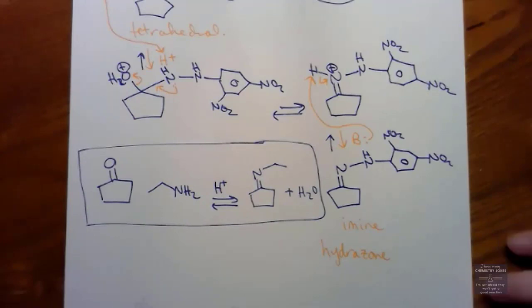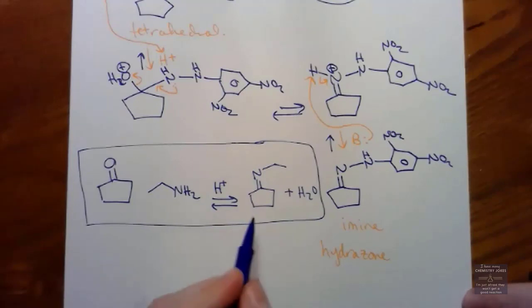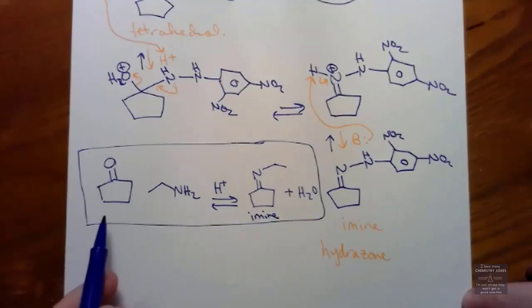If you're taking advantage of Le Chatelier's principle to control equilibrium here, if you add a lot of water and a little bit of acid to an imine, that's going to favor the reactants the way I have this written.